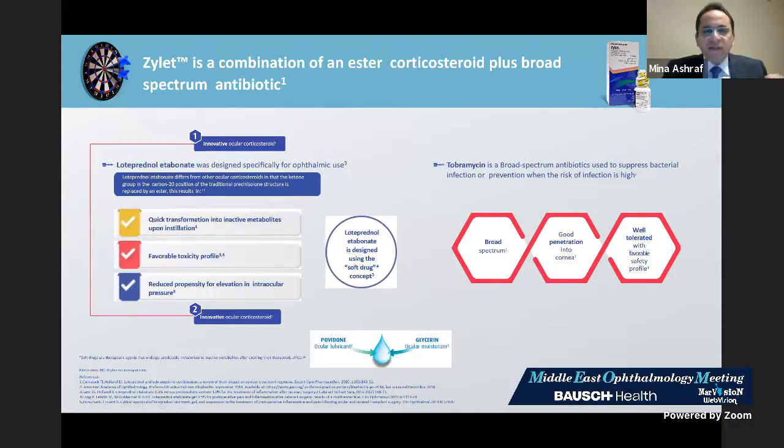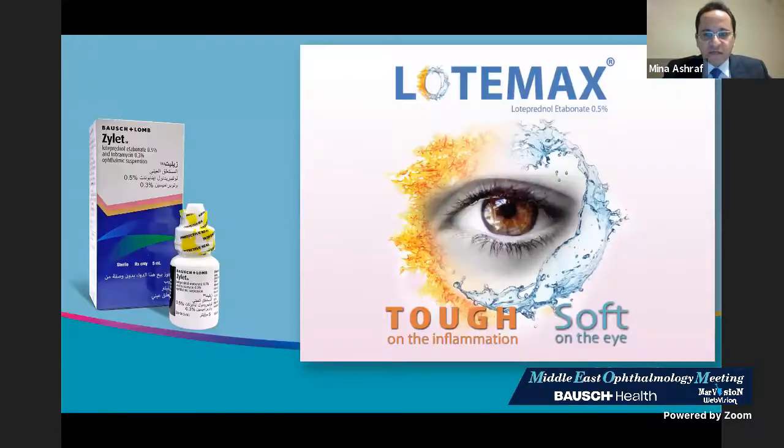To start with Xylit, we need to start with Lotemax, which is the parent product of Xylit. Lotemax is loteprednol etabonate, the corticosteroid that we describe as tough on the inflammation and soft on the eye. Loteprednol etabonate meets the unmet needs.